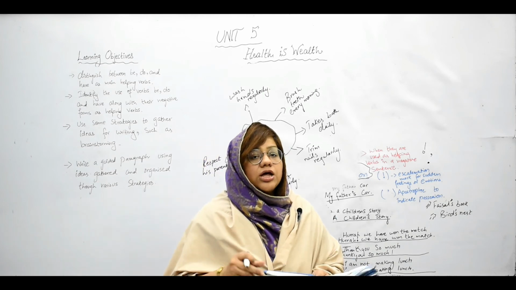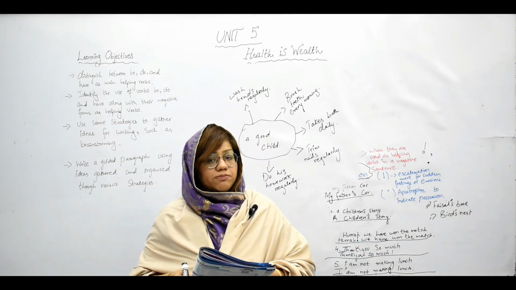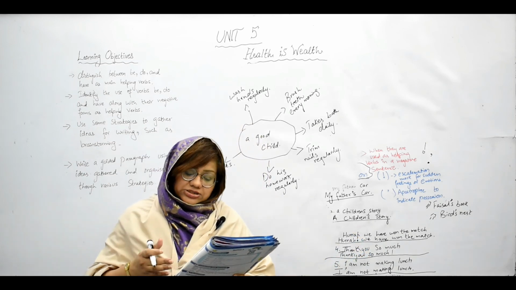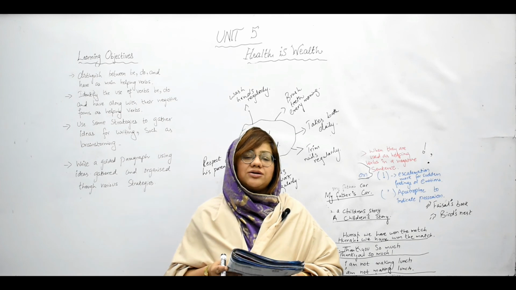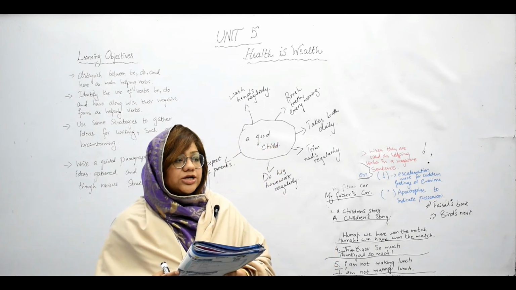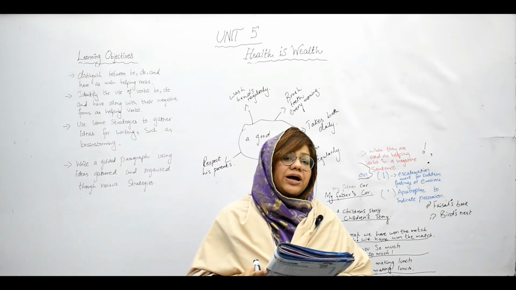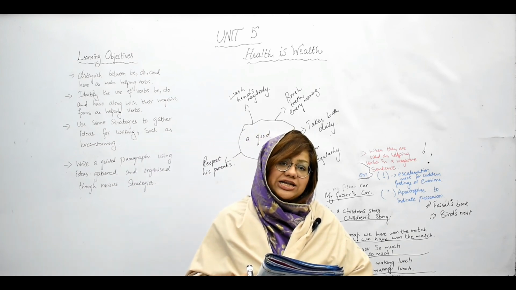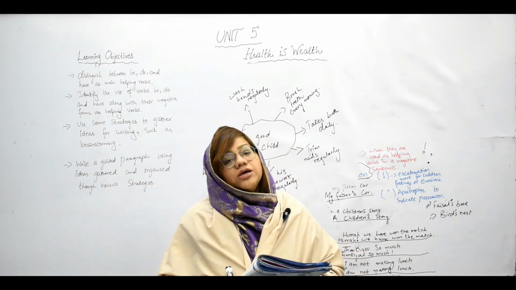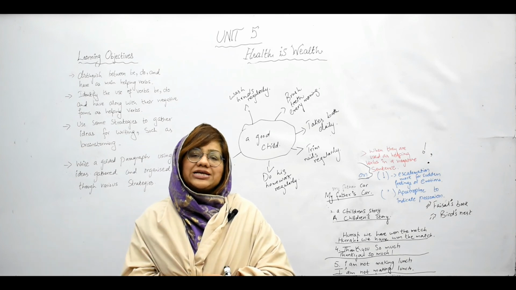Now it's your task: take this in your mind and write how you are using these manners in your daily life. Everyone try to write your own, and how you are implementing these manners in your daily life. I hope this lesson will be quite helpful for you. This is the end of this lesson.